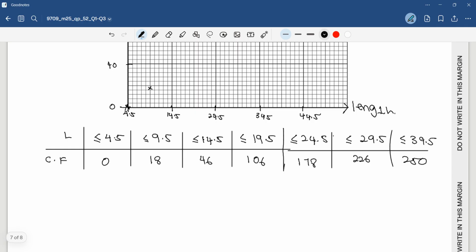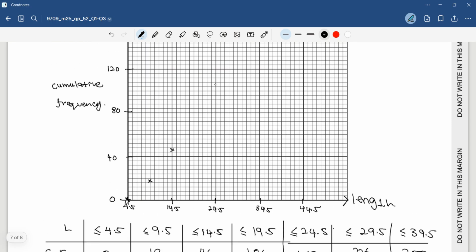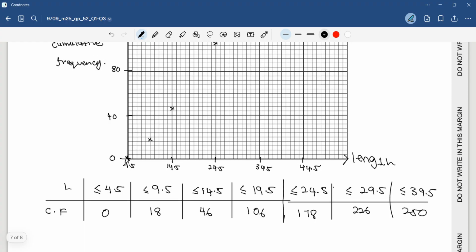And then 14.5 will be 1.15. So here 46. Then 2.65 is somewhere here.